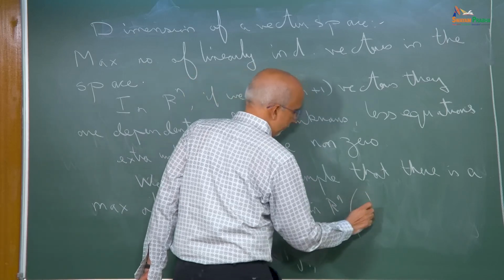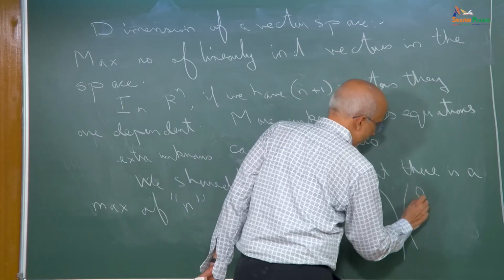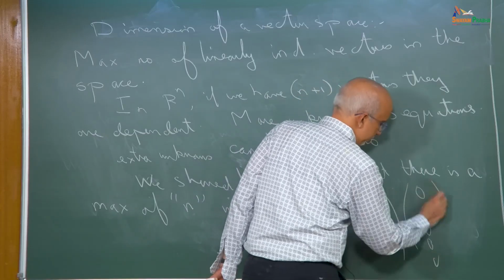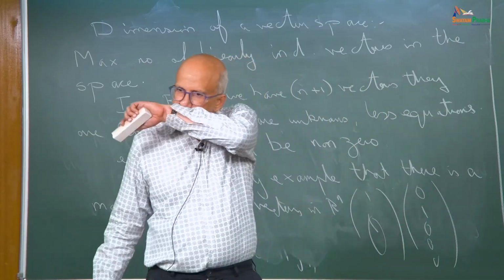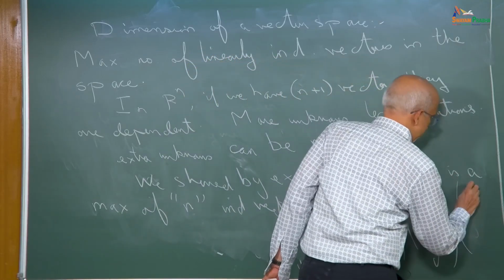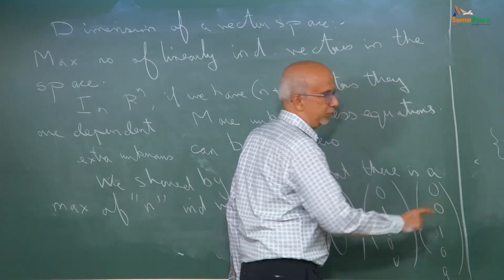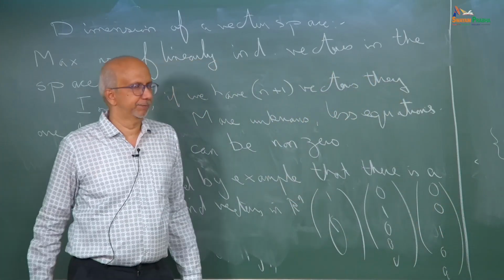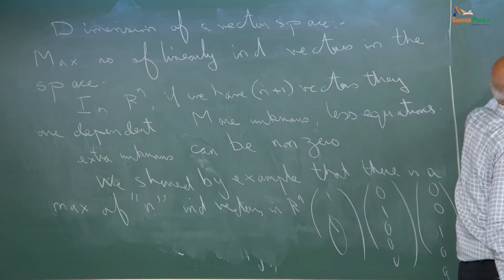What are these vectors? 1, 0, 0, 0, then 0, 1, 0, 0, like that. We did this, okay. Third one is 0, 0, 1. Like this you can choose. Therefore, that becomes the dimension.